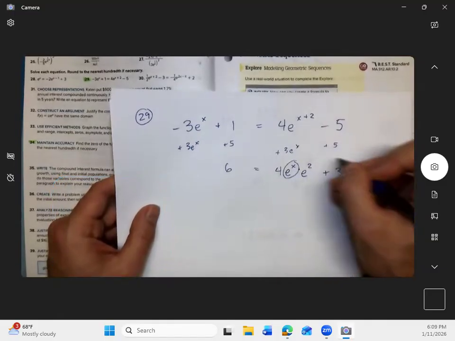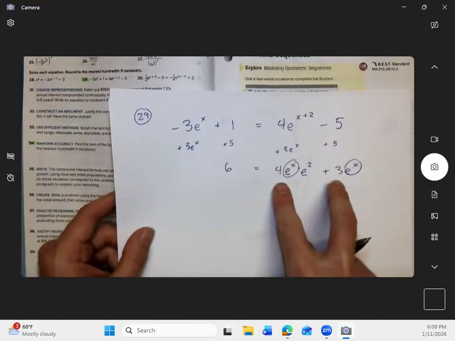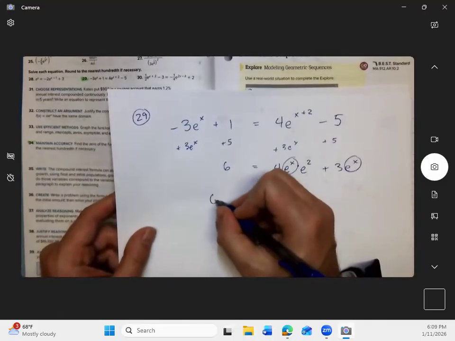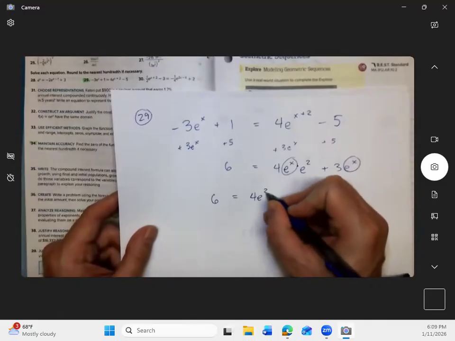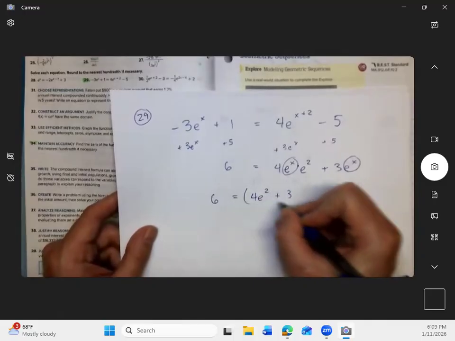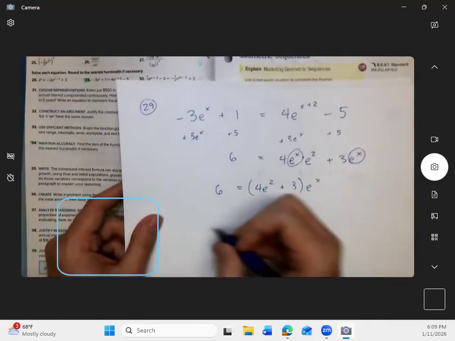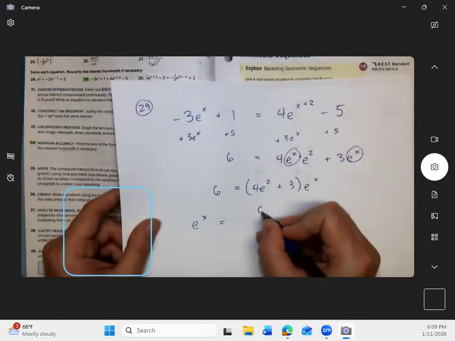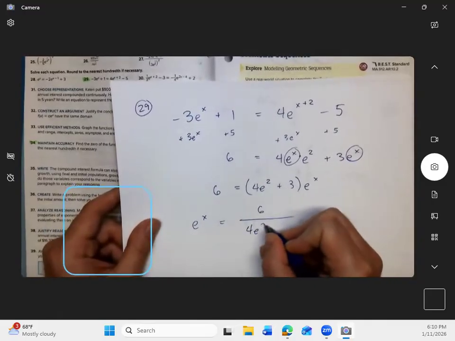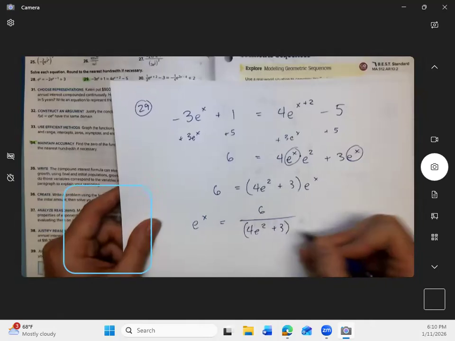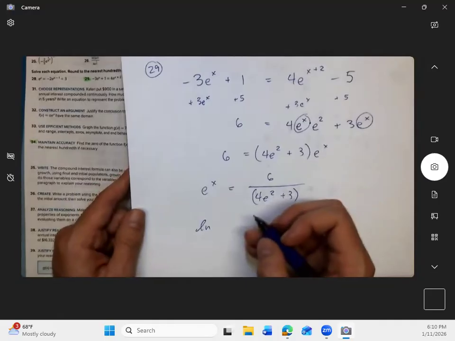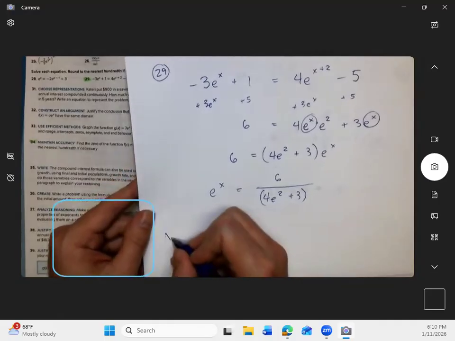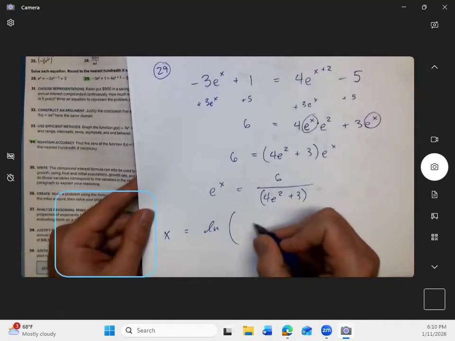Now I do see this e to the x there and there, so I can factor out that coefficient. So that's 4e squared plus 3, then e to the x. So e to the x, I could take this, divide it down, 4e squared plus 3. And then take the natural log of both sides. Well, that would just give me the answer. So x equals natural log of all this.